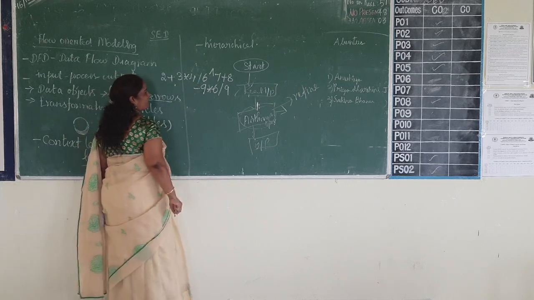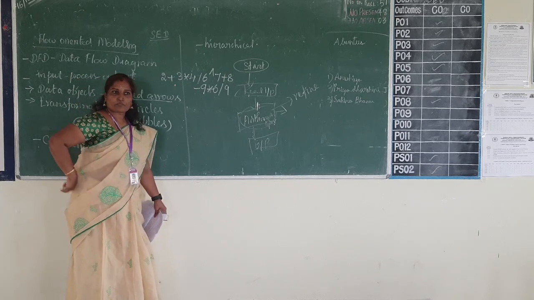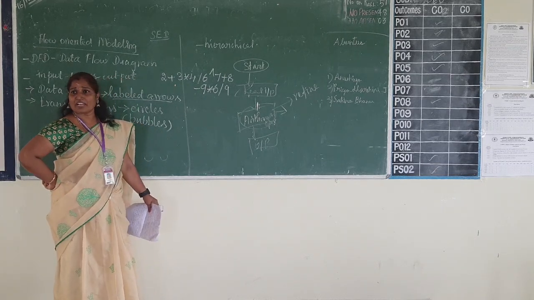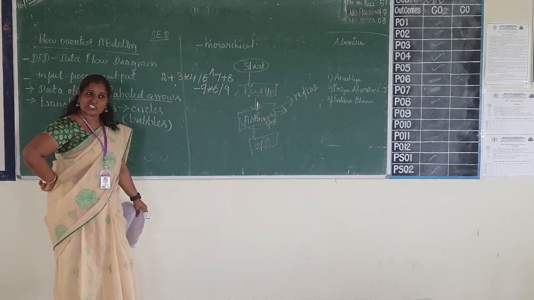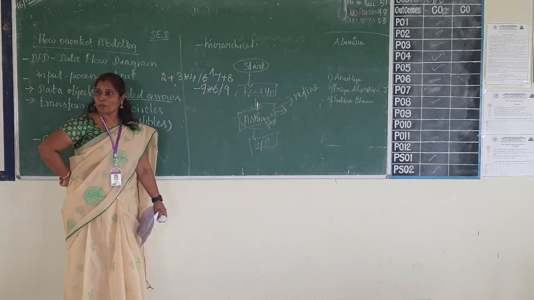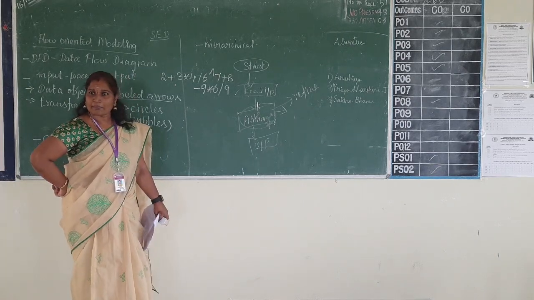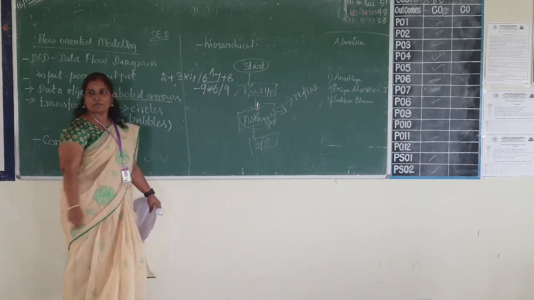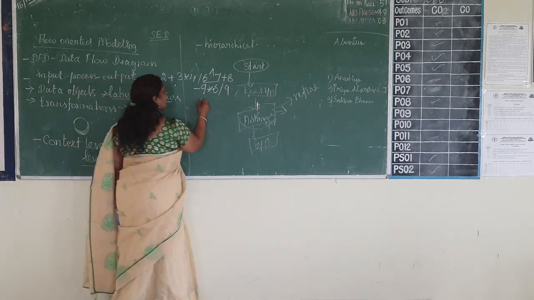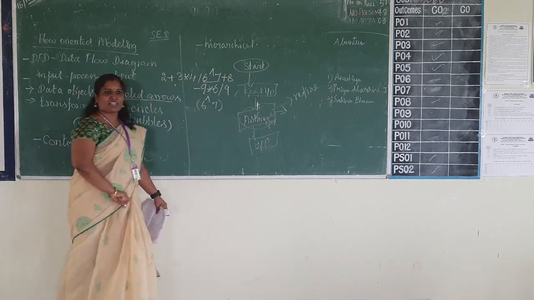So among all these things, which will take the highest priority, which will be evaluated first? Exponentiation. That will be the first. Okay, so first this one. You can put a bracket over there. So this needs to be evaluated.